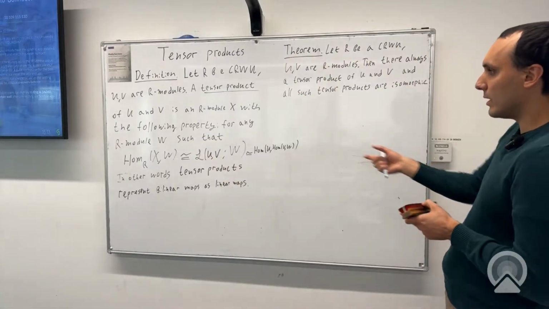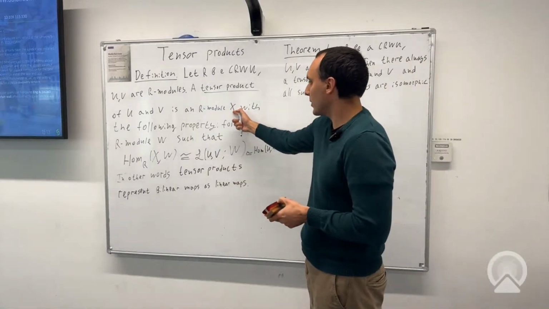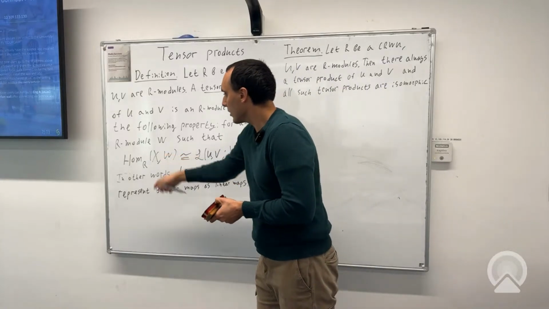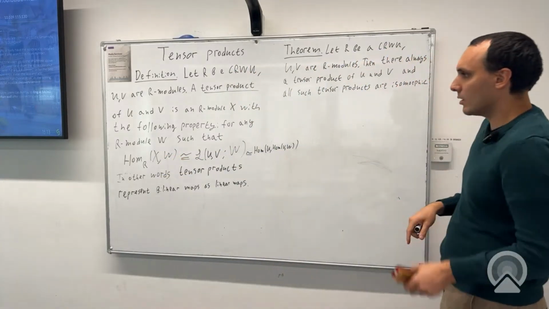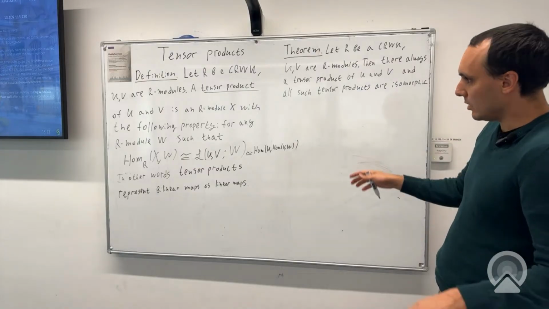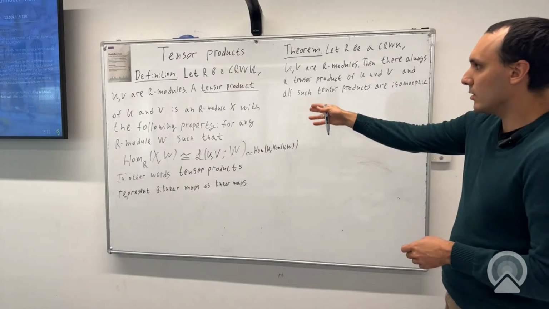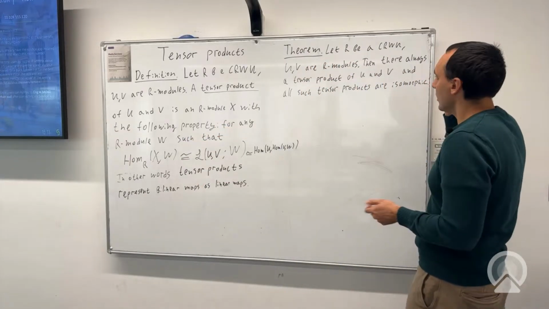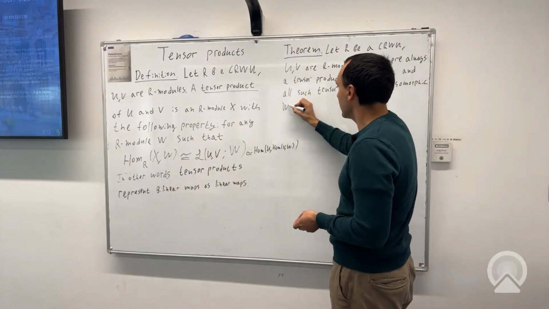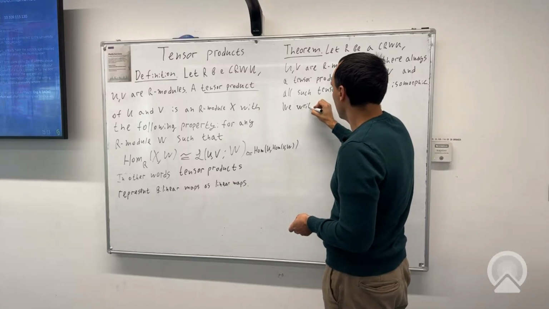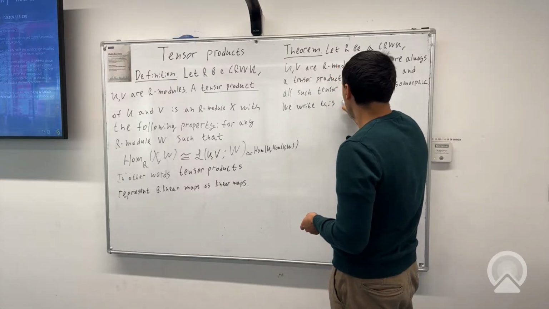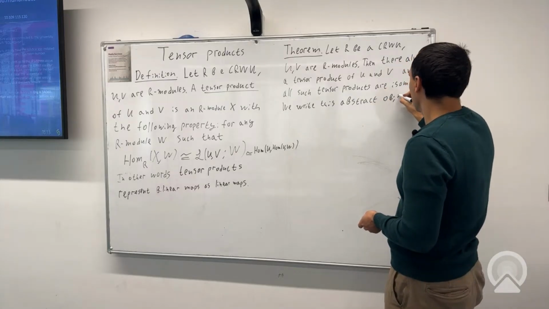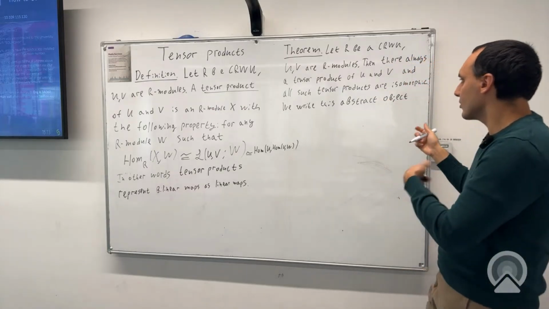And it can be proven that any object with that property is unique up to isomorphism: if you have another one, Y, with the same property, then Y is isomorphic to X. We write this abstract object, abstract because it's not uniquely determined.